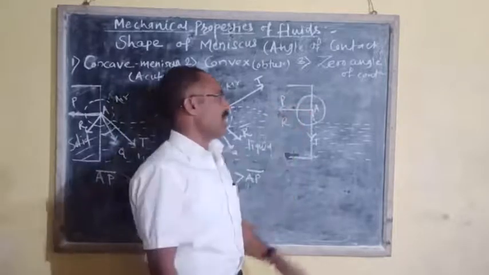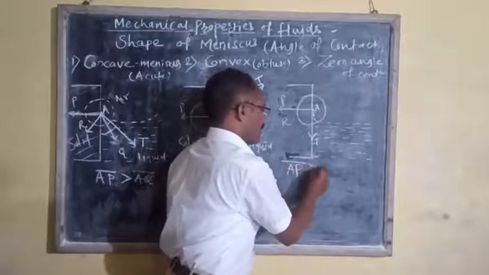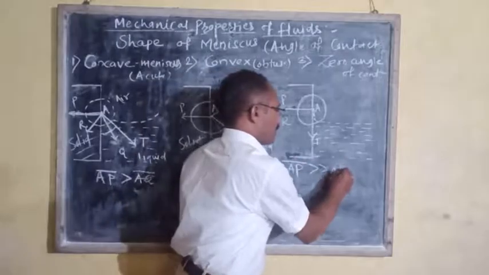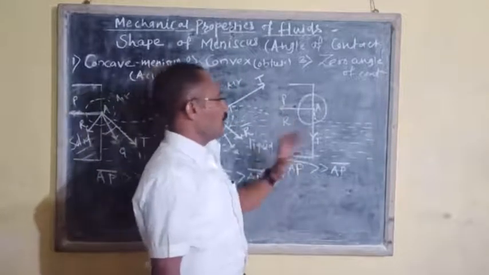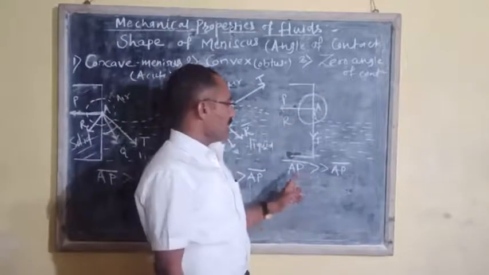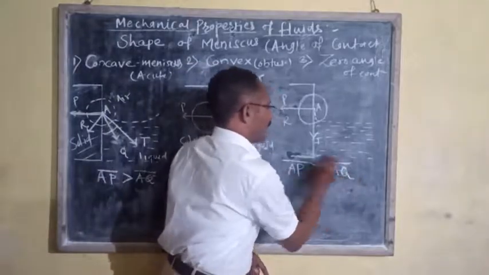That is, AP bar is greater than AQ bar, and therefore the resultant of these two forces will lie along AP bar.